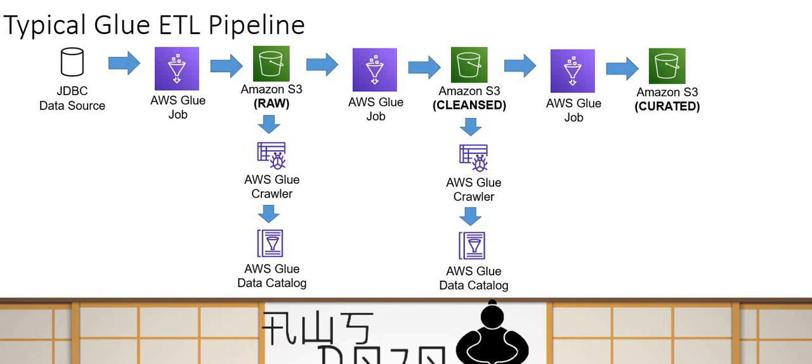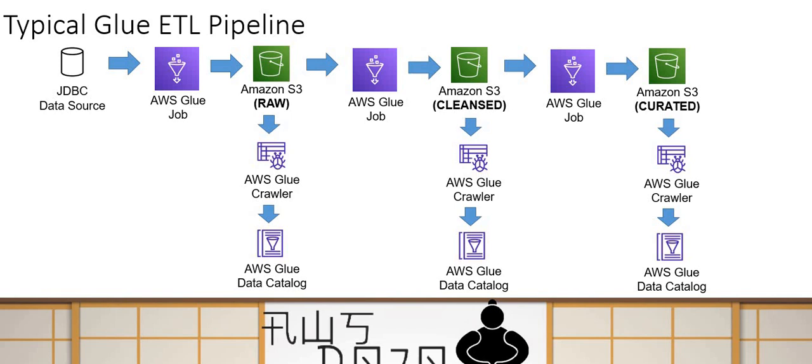So if you want to do use cases like creating reports or dashboards, or if you want to do machine learning, then you use a Glue job to create another set of data for your use case purpose only, and you keep that in the curated area. And again, you use a Glue crawler to catalog your data. So that's how a typical ETL pipeline looks.